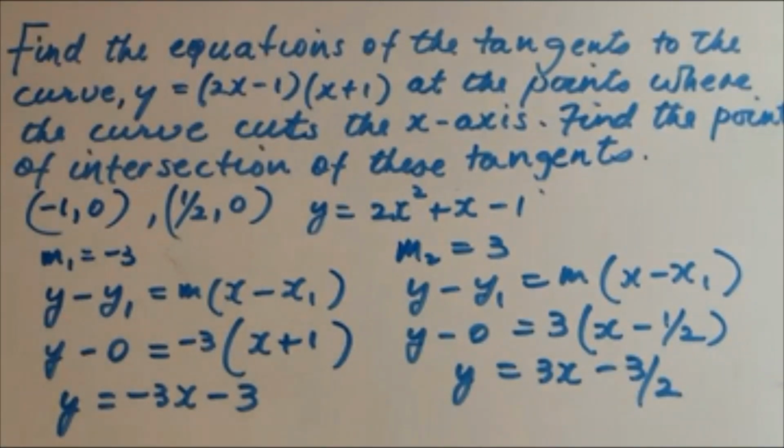So now this is the second part. We've found the equations of the two tangents. So the first is y is equal to minus 3x minus 3, and the equation of the second tangent is y is equal to 3x minus 3 over 2. Next, we'll find the point of intersection of the two tangents.